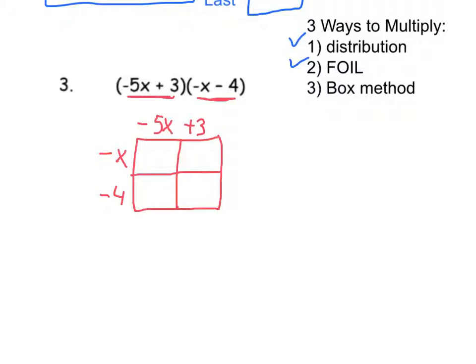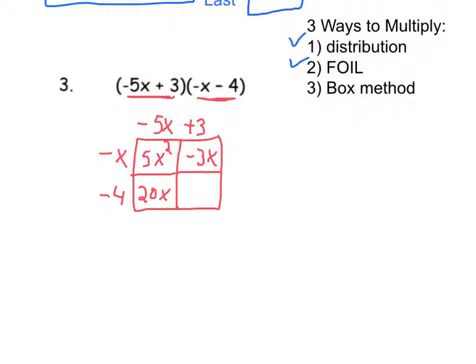And then what I would do is I'm going to do kind of like what you would do maybe in science. In the first box, I'm going to multiply these 2 together. So I get a negative times a negative, that makes a positive. Negative 1 times negative 5 is positive 5. X times x is x squared. Then in the second box, I would get a negative 3x because I multiply those 2 terms together. And then you multiply the negative 4 times the negative 5x and you get 20x.